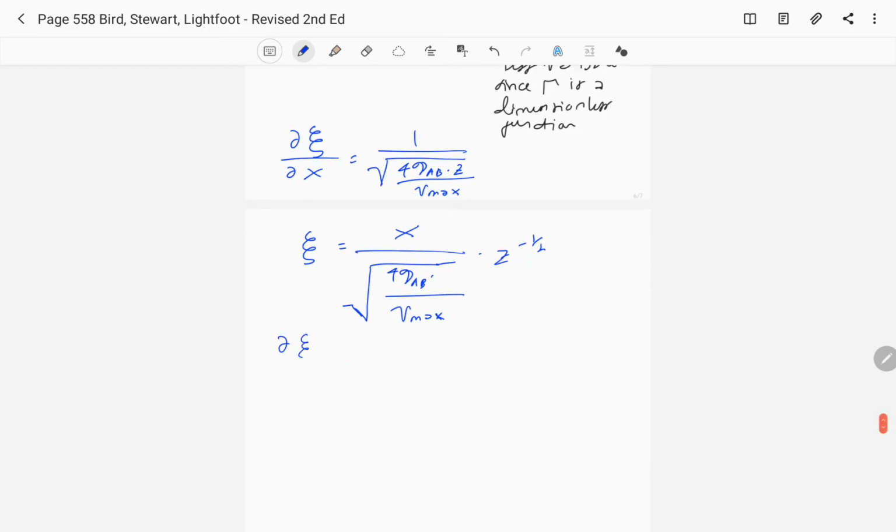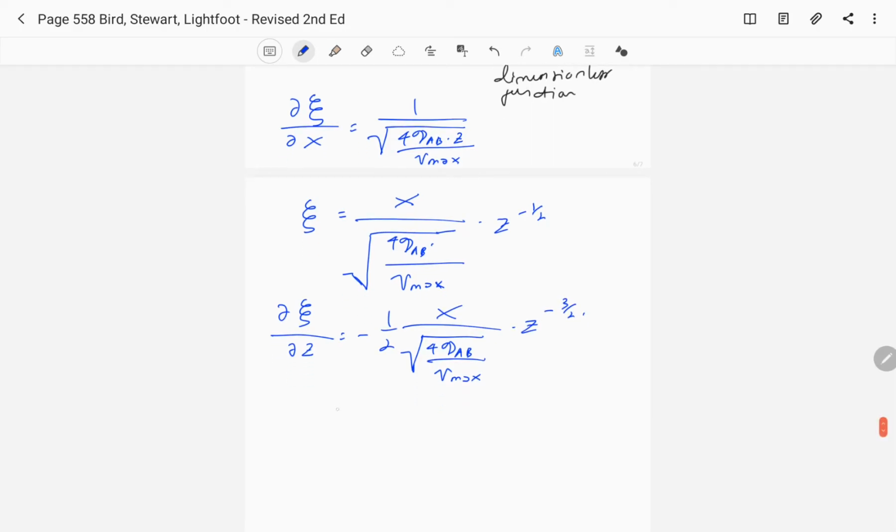So your del eta over del z will be equal to minus half x divided by root of 4 DAB divided by Vmax multiplied by z raised to minus 3 divided by 2.